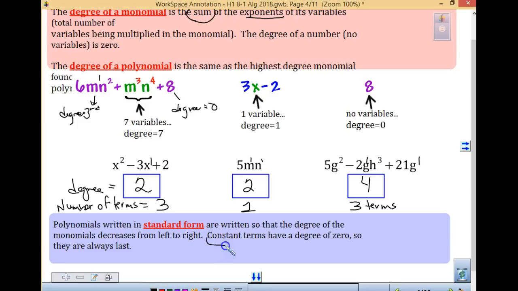They are just our numbers, no variables. It's just your number, and they always come last. So this is in descending order or standard form. You have an x squared, you have x to the first, and then you have a constant, the 2.